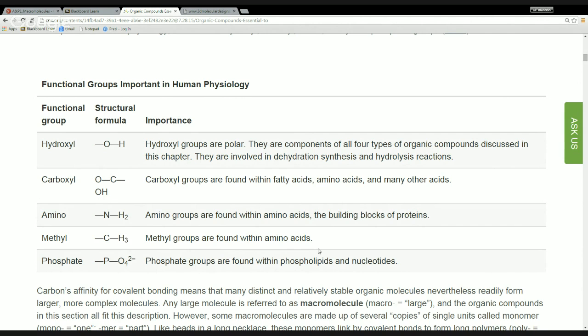When something has a carboxyl group on it, we usually refer to it as an organic acid. So amino acids or fatty acids, those sorts of things, have that thing in them. And they are acids because of properties of that ending. So this is no longer ethanol. And I actually don't know technically what this is called now.